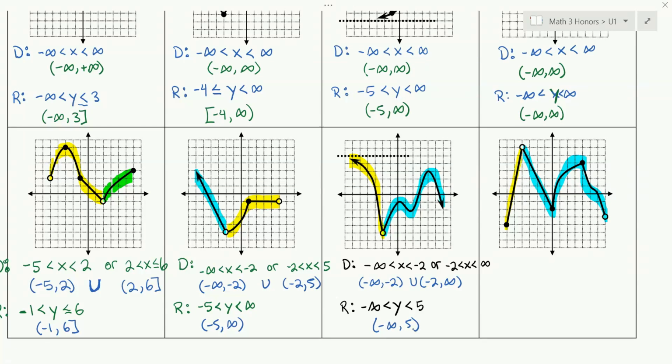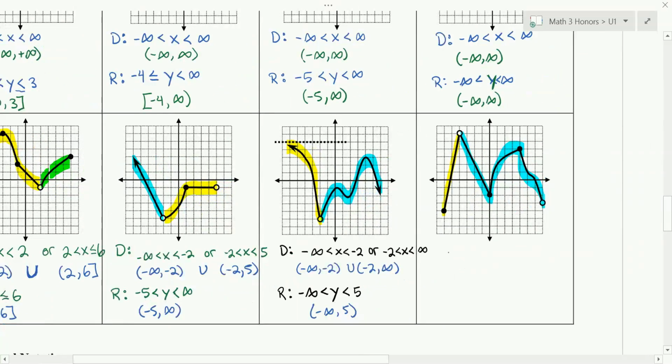All right, one last one for domain and range. Think you can do it? You got it done already? Anybody need time to do it? Okay, do this last one. I'm working with it. Okay.